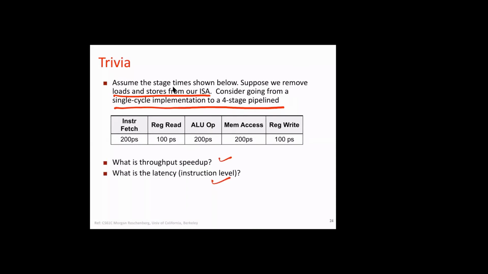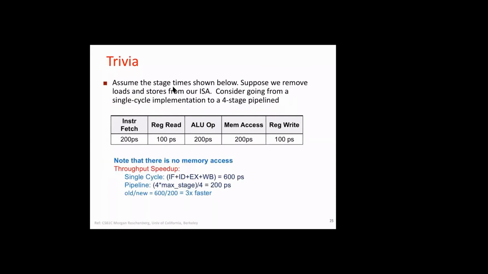If fetch is 200 picoseconds, register read is 100 picoseconds, and so on, as we have discussed earlier. The answer is very simple: if we remove the memory access part, then we have instruction fetch, instruction decode, execute, and write back. So it takes 600 picoseconds.